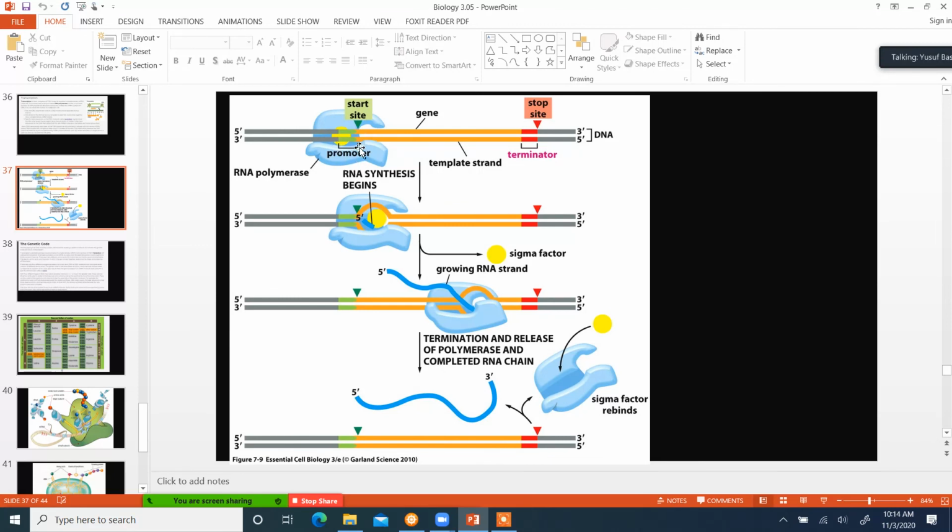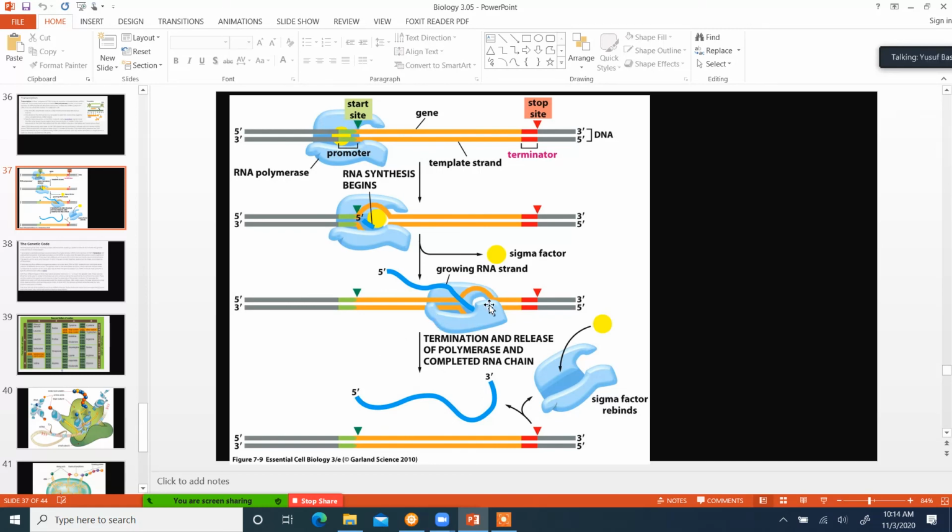Promoters are written into the DNA. So a promoter is a sequence in the DNA. It's part of the DNA. It's a place where the polymerase recognizes, hey, let me begin here. And so whenever it reaches there, it recognizes, this is where I'm supposed to begin. And so at that point, it opens it up and starts making the RNA.